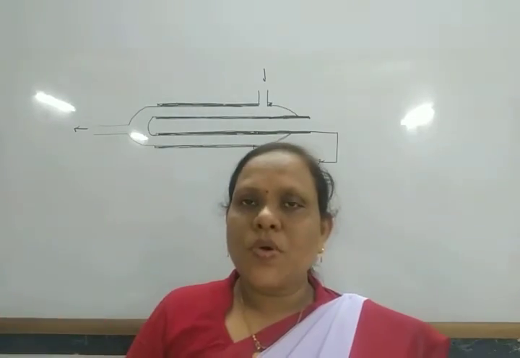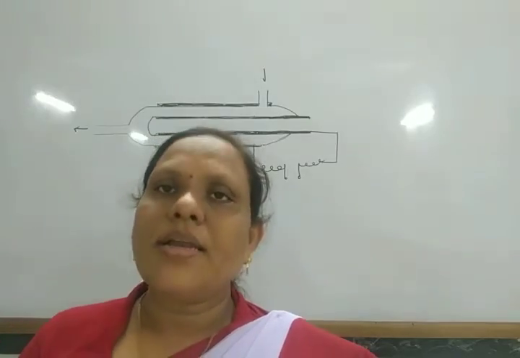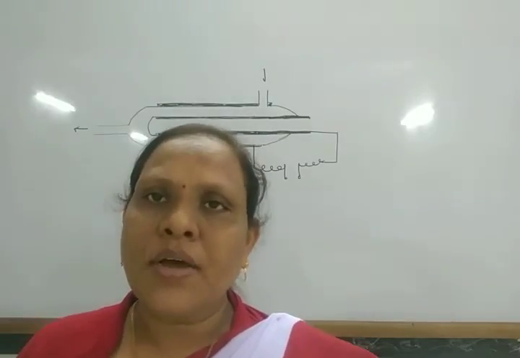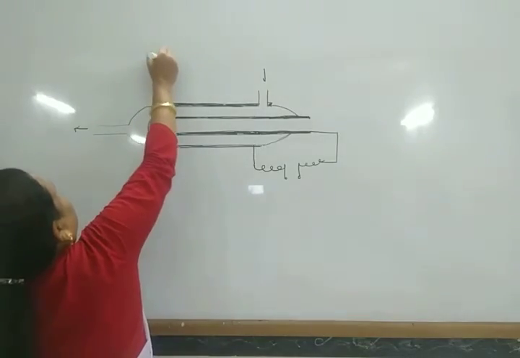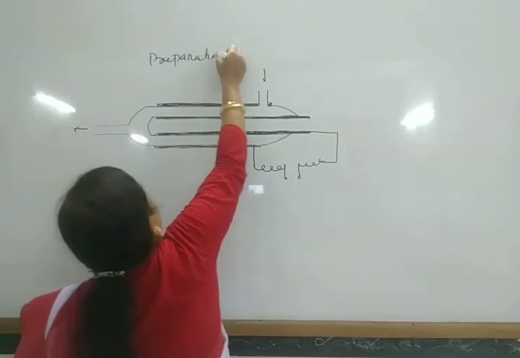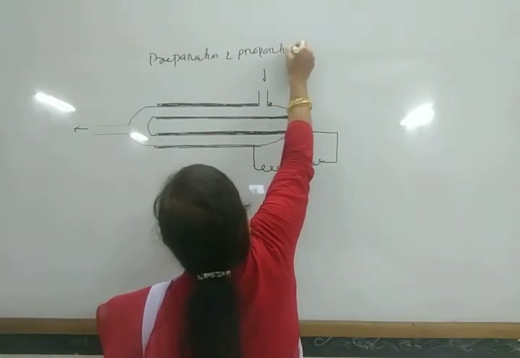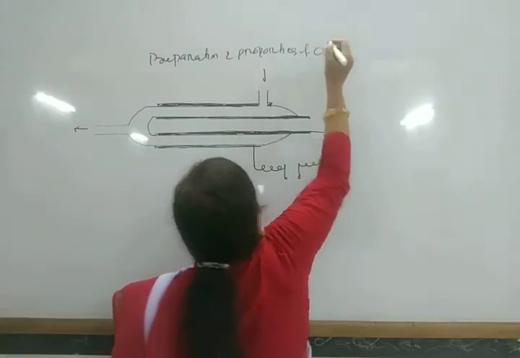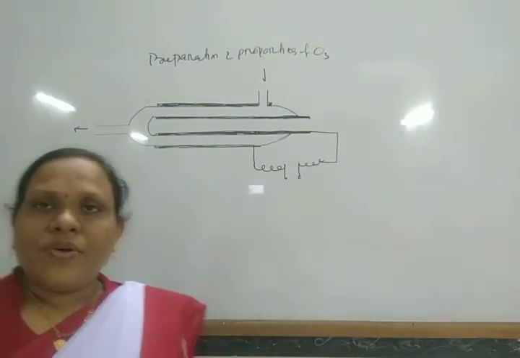So you know, ozone is another allotrope of oxygen. Now come to the preparation and properties of ozone. Ozone is one allotrope of oxygen.